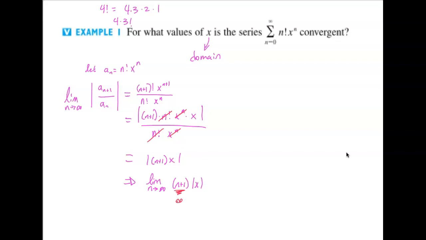So the whole thing will approach infinity unless x is 0, basically. So it's only convergent when x equals 0, and it's divergent otherwise.